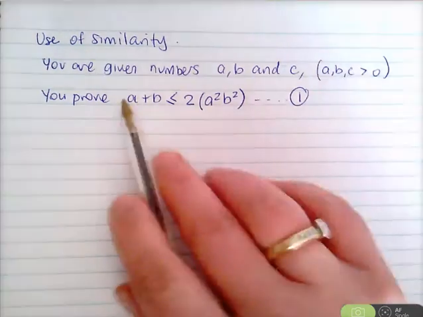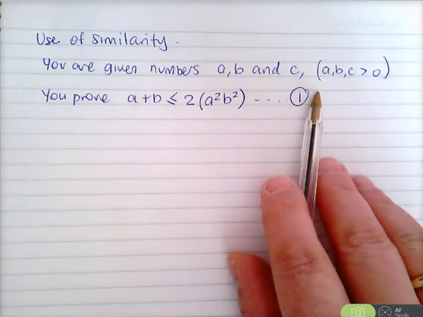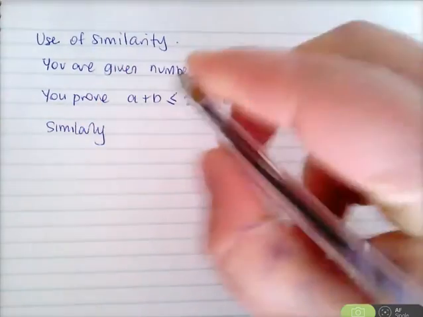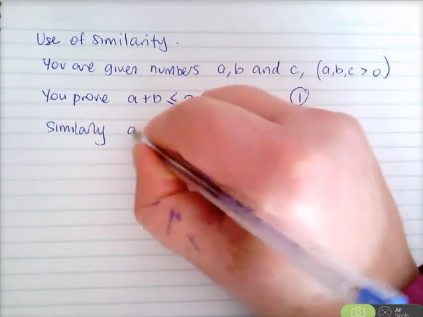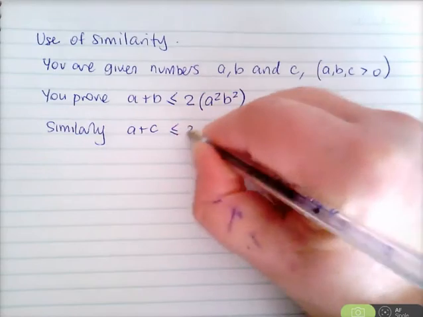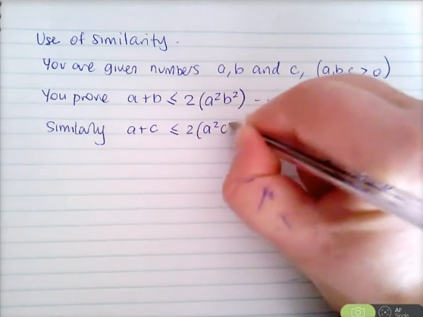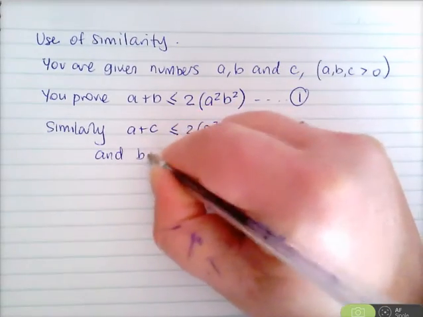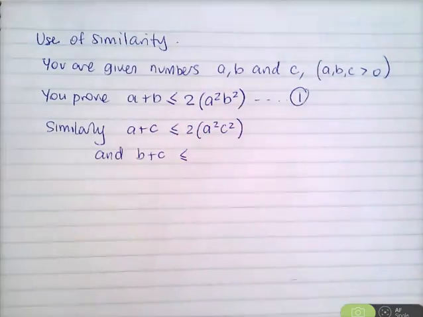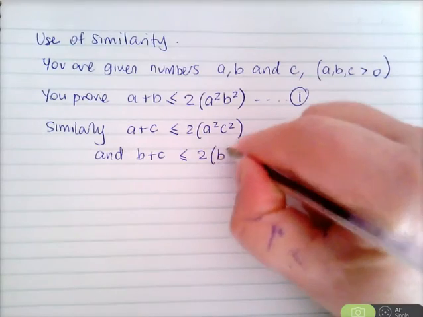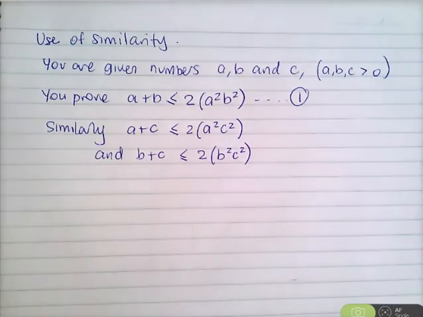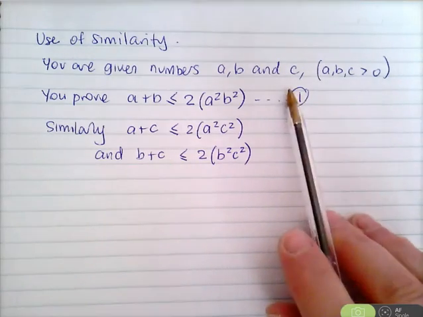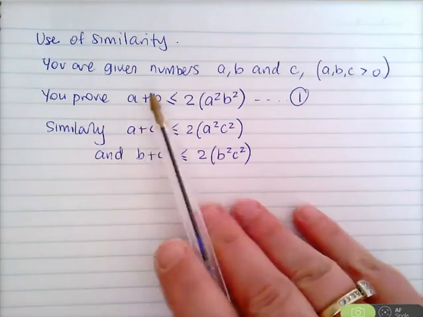Now once we've got this statement number 1, we can actually say, well, similarly, we also know that a plus c will be less than or equal to 2 times a squared times c squared. And we could similarly also say that b plus c is less than or equal to 2 times b squared times c squared.